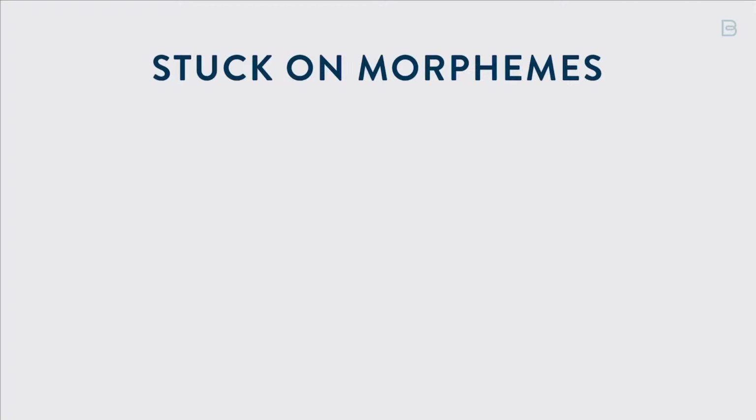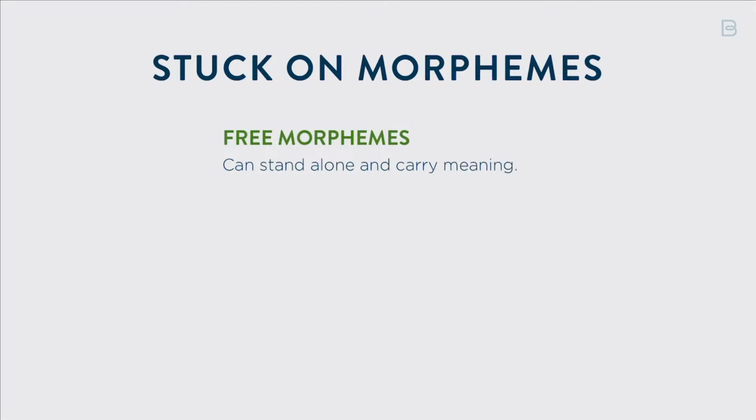Now, morphemes can be two different types. We have free morphemes, which we sometimes call base words. These can stand alone and carry meaning. The word hat, the word jump, or from the previous slide, the word dog carries meaning all by itself. So these would be free morphemes.